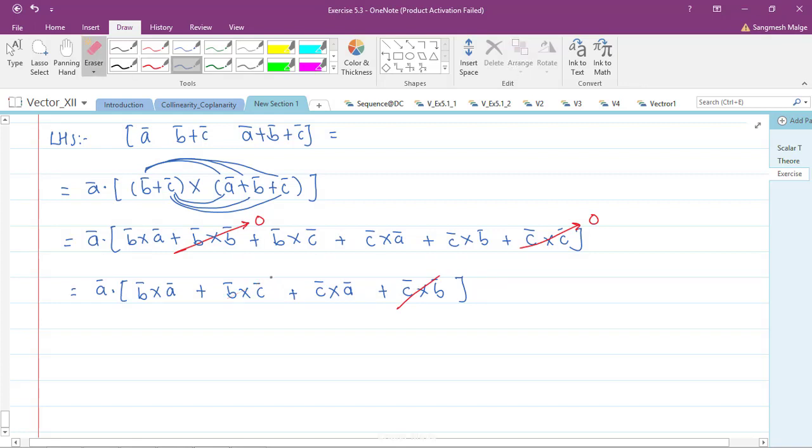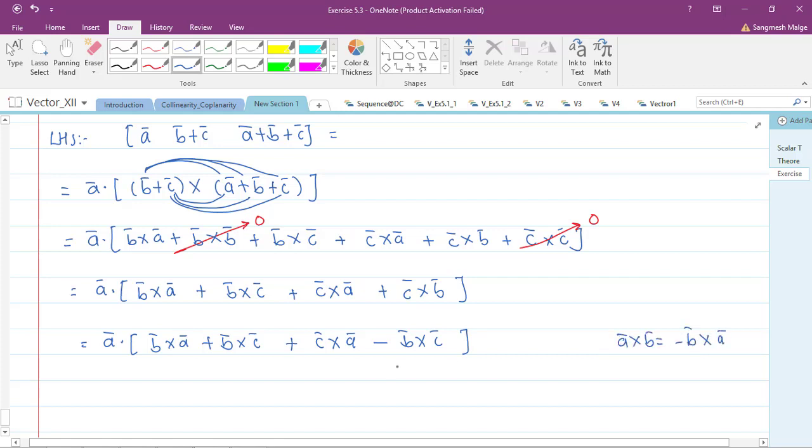Okay, so instead of cancelling there, we can have one more step. So this is equal to a bar dot b bar cross c bar plus b bar cross a bar plus b bar cross c bar plus c bar cross a bar. Now I am writing the negative of this, so minus of b bar cross c bar, because you know that a bar cross b bar is equal to minus b bar cross a bar.